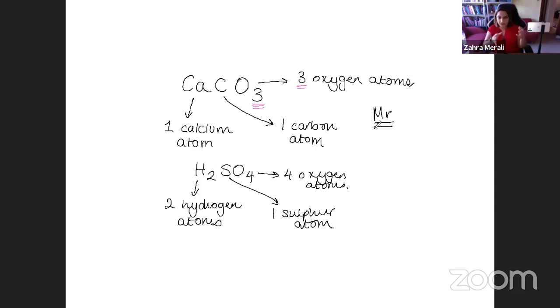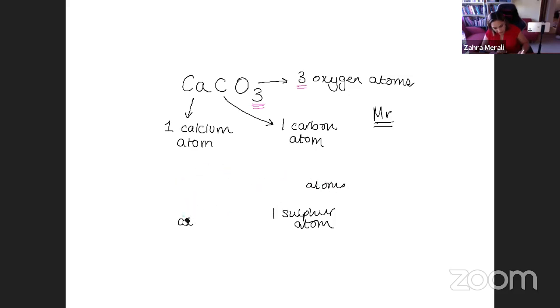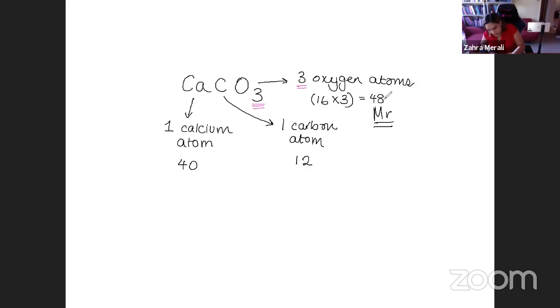So let's take calcium carbonate as we've got it here. We've got 1 calcium atom, which if we look up on our periodic table, it's going to be 40. 1 carbon atom, which is 12. 3 oxygen atoms, and if you look up the number for oxygen, you get 16, and that's times by 3, which gives you 48.